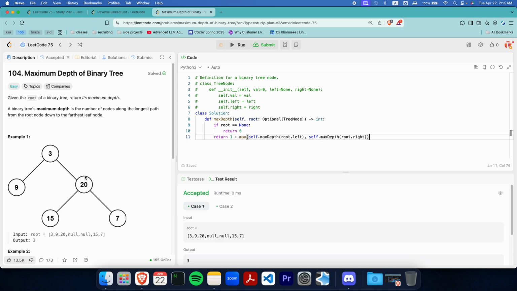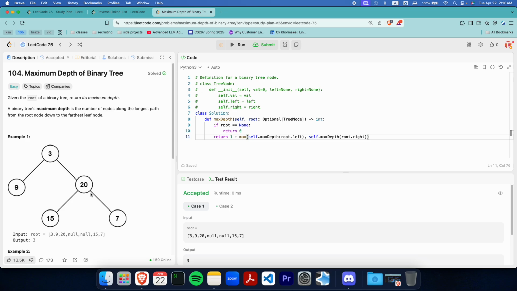So 20 is 2, return that back up to node 3. The right hand side gave us 2 depth, while the left hand side 9 only gave us 1, so we take the maximum and we get 2.